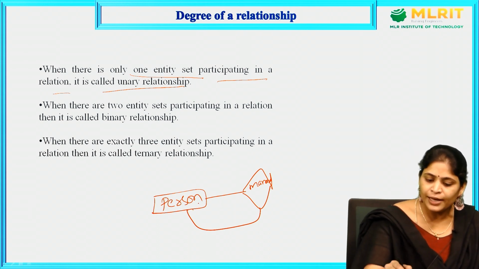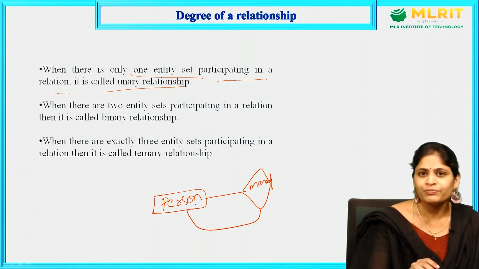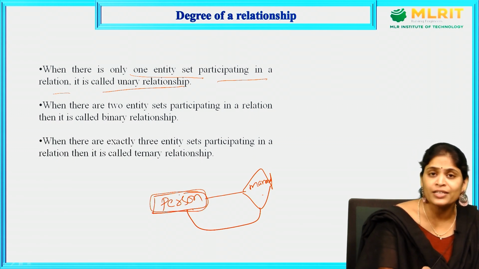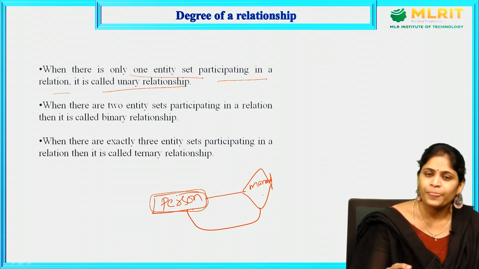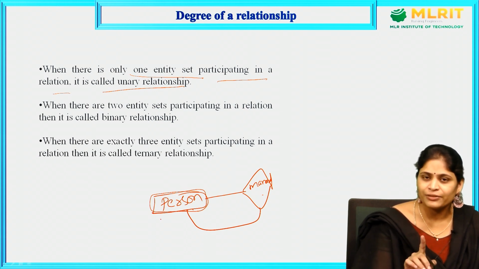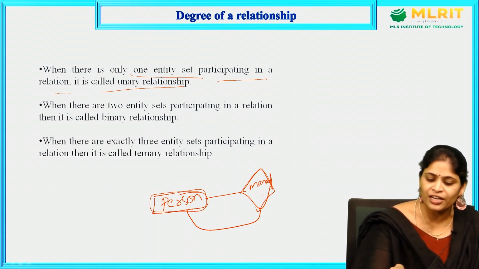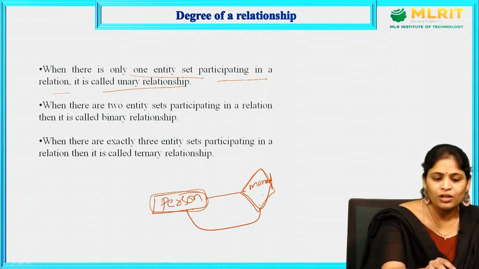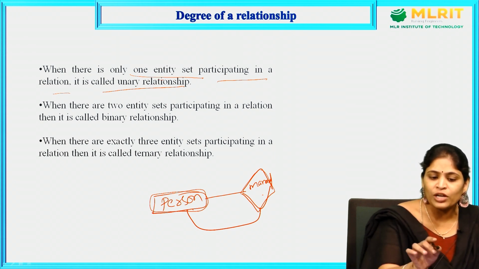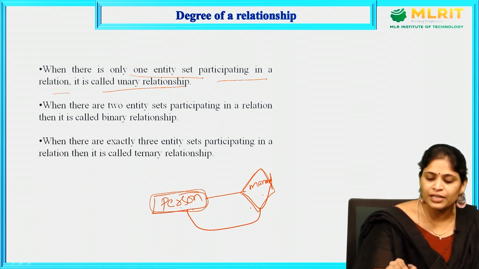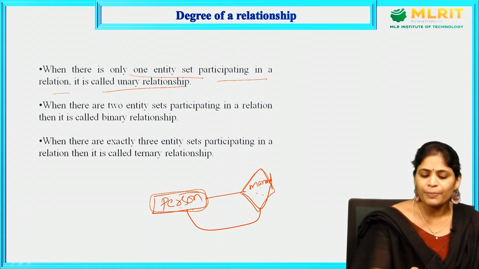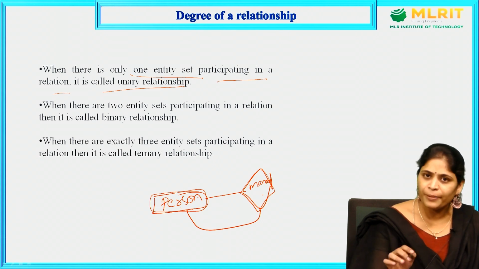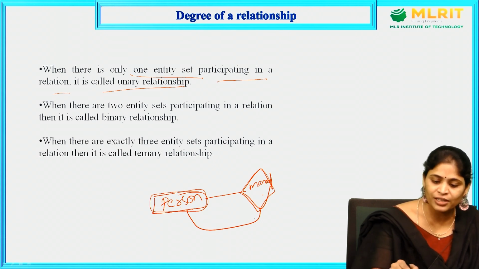That means here we have only one entity set which contains multiple persons. When there is only one entity set participating in a relationship, it is called a unary relationship. So a person can marry a person only, right? That is the relationship here.